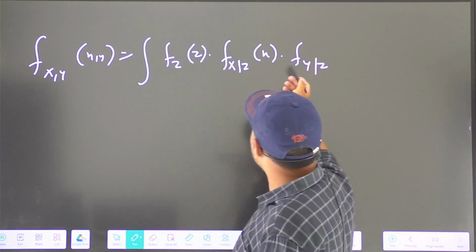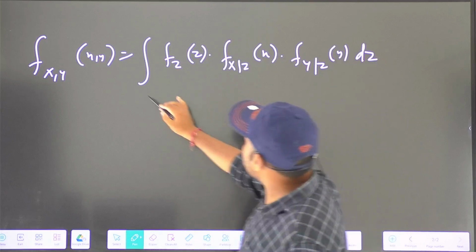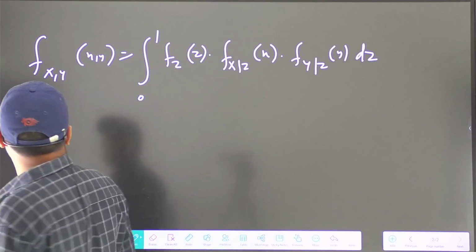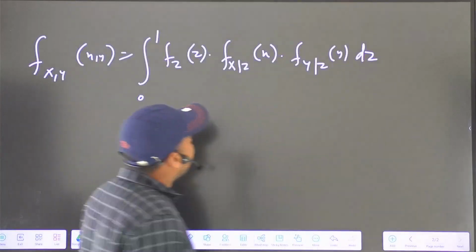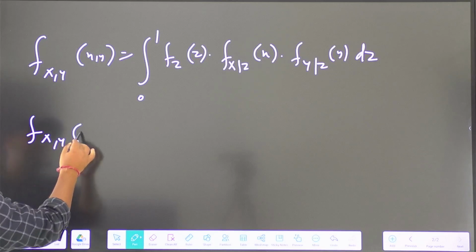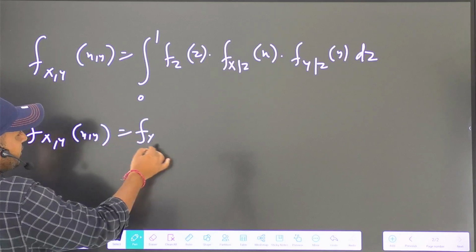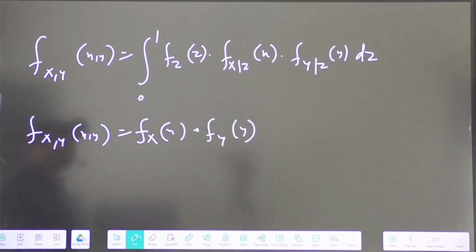It is actually joint, but I'm opening it because they are independent. dz from 0 to 1, and z was uniform 0 1. So this can also be done. Now the question is, if you integrate, do you think z will vanish and it will make a product?